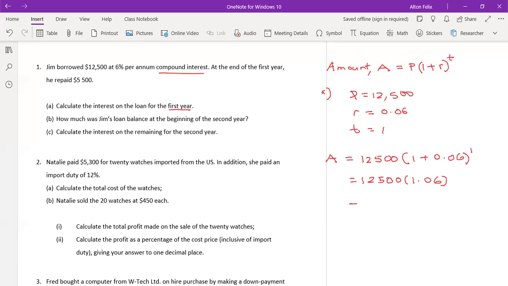Okay, and then of course, we use our calculator to give us the answer. Right, so that's 13,250. So at the end of 1 year, the amount would be 13,250.